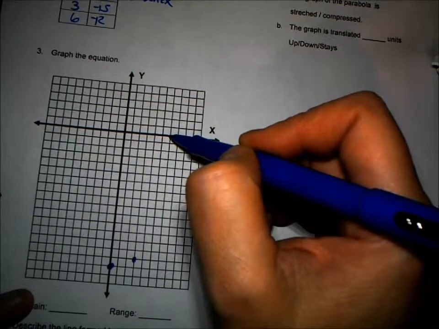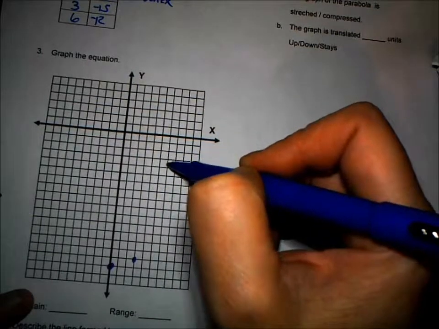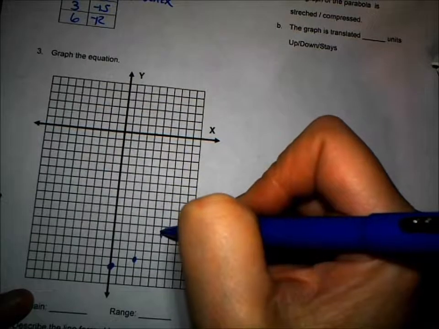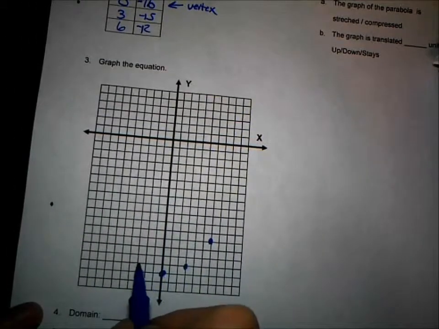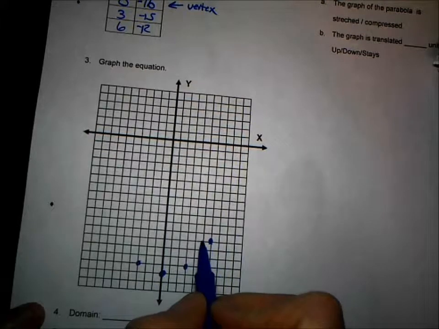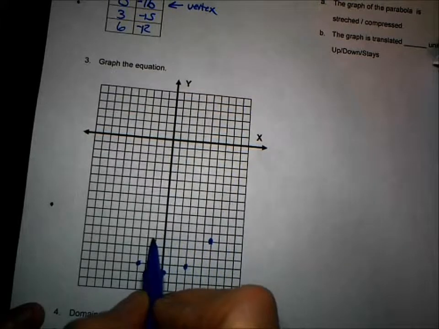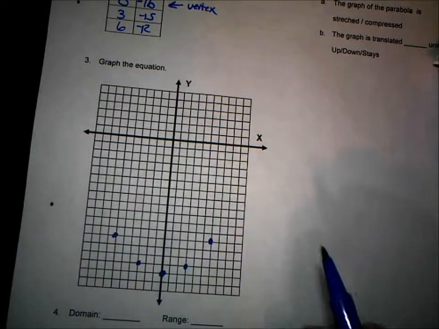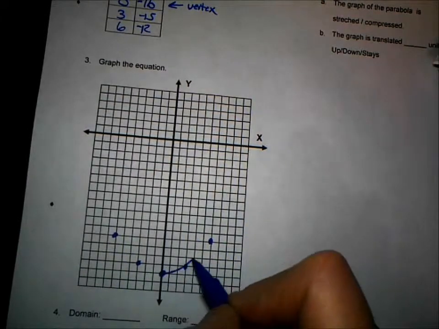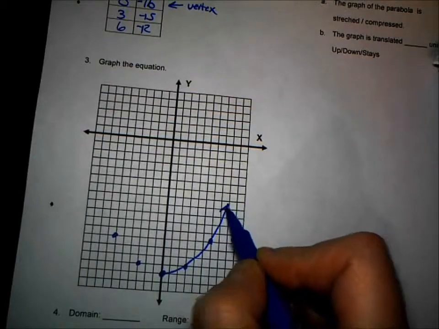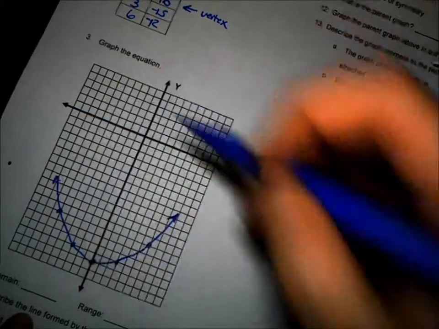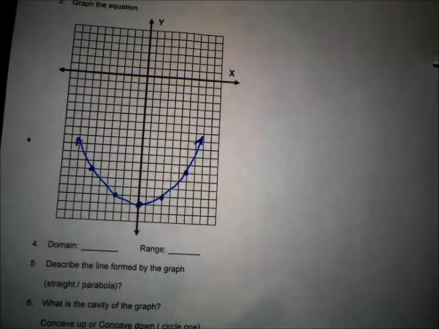Then 6 and negative 12. So I can see my graph is going to be going in this fashion from both directions. Very, very wide graph.